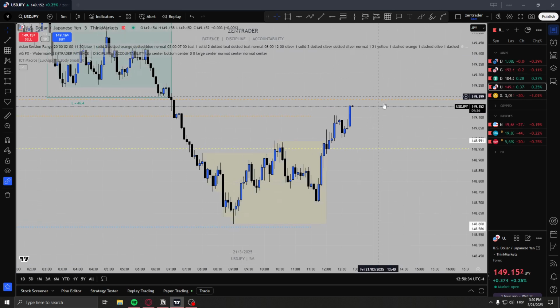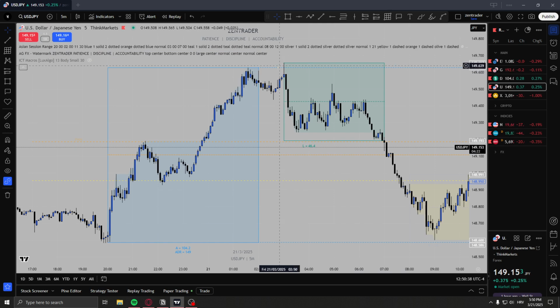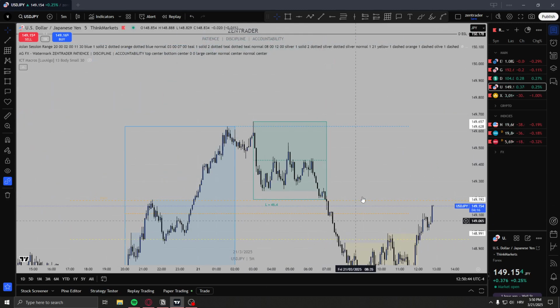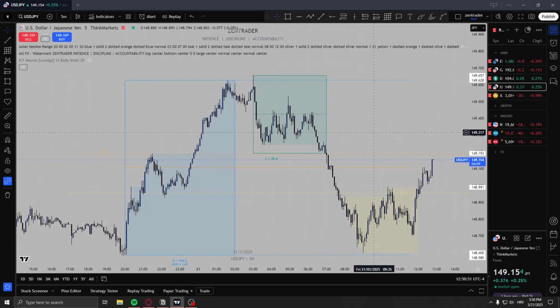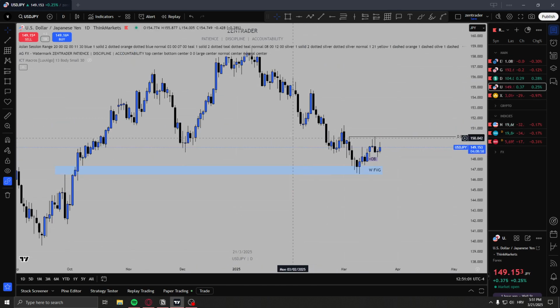As for gold, we swept the high here and then went to the downside targeting the low. As you can see, we wouldn't have reached it, but I was watching this and I decided not to take a trade because I'm bullish on gold, so I was expecting the low to get swept and then target the high. As for USD JPY, I'm also bullish on USD JPY.